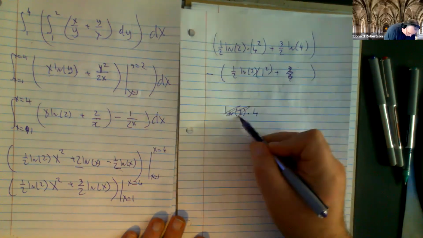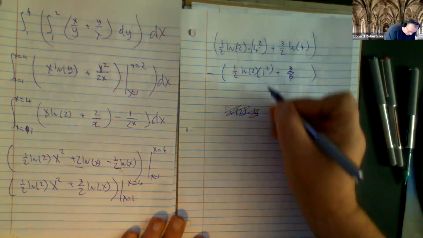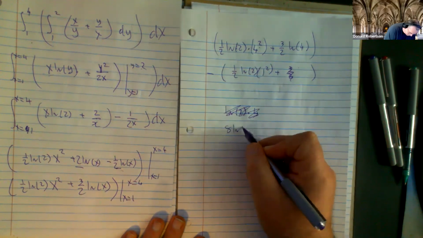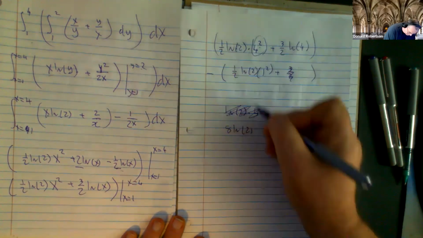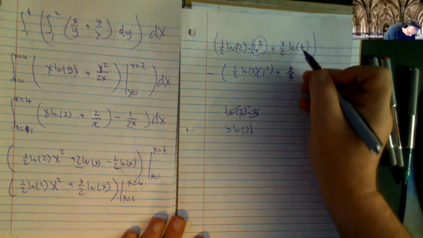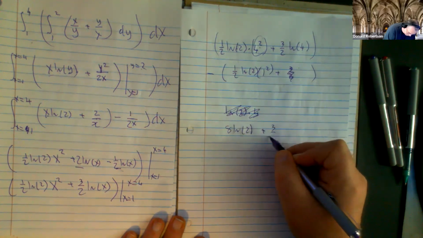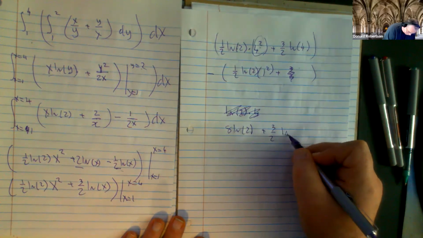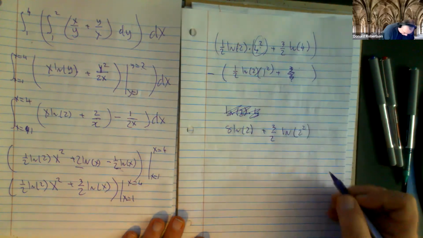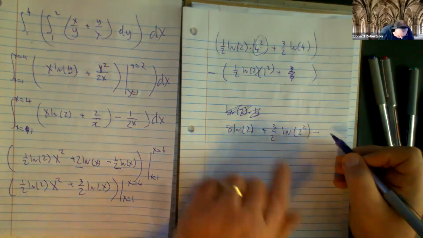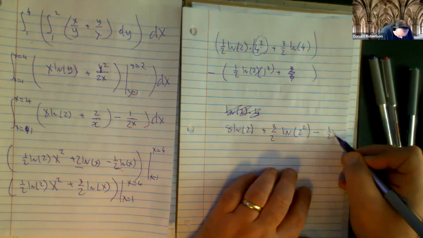No. Take that back. That's a normal number. It's not a log. So that's 8 log 2. Right. 16.5. 8 log 2. This guy is 3/2. And I'm going to call 4 2 squared, which is where my brain was thinking. Take away 1/2 log 2.